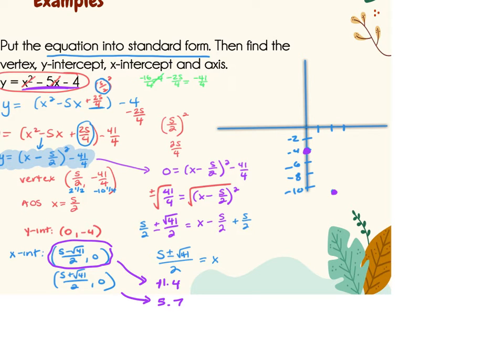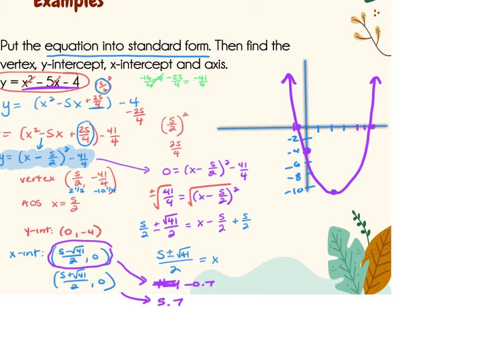I just rewrote the wrong answer. 5 minus square root 41 divided by 2 is negative 0.7. 5 plus square root 41 divided by 2 is 5.7. Yeah, okay. So negative 0.7 is here. 3, 4, 5. 5.7 is here. And then I draw my graph.